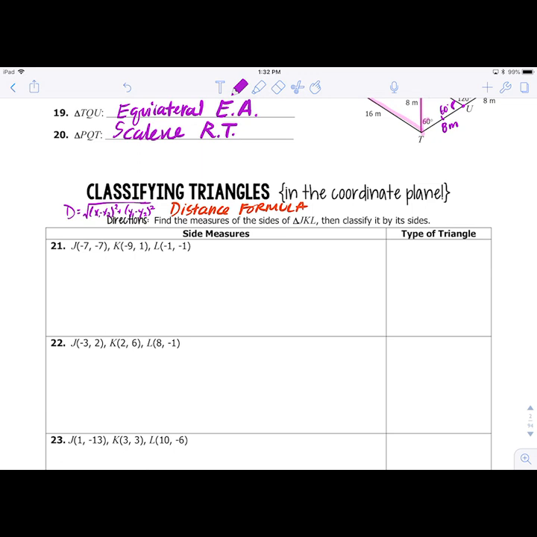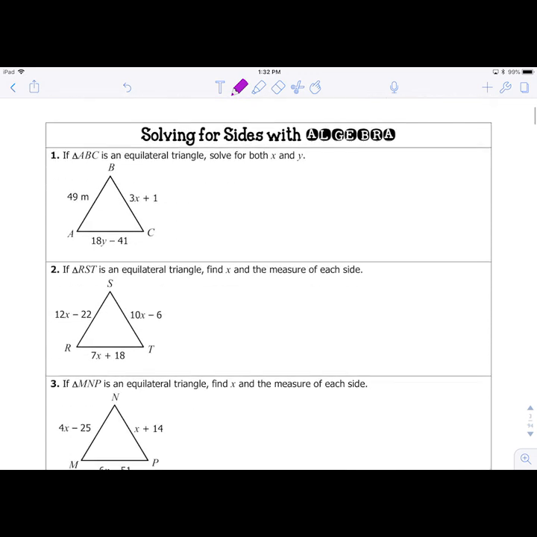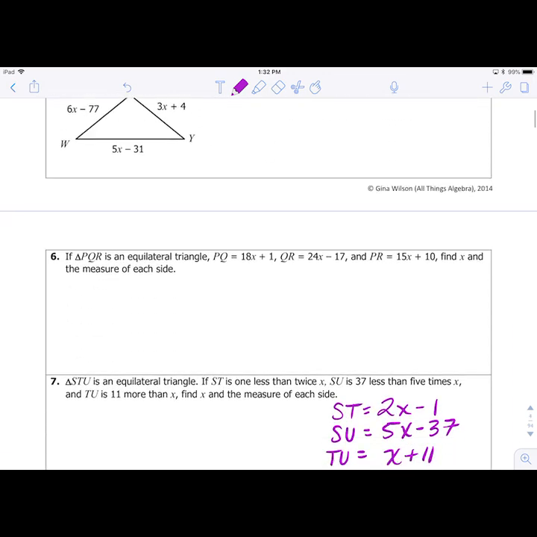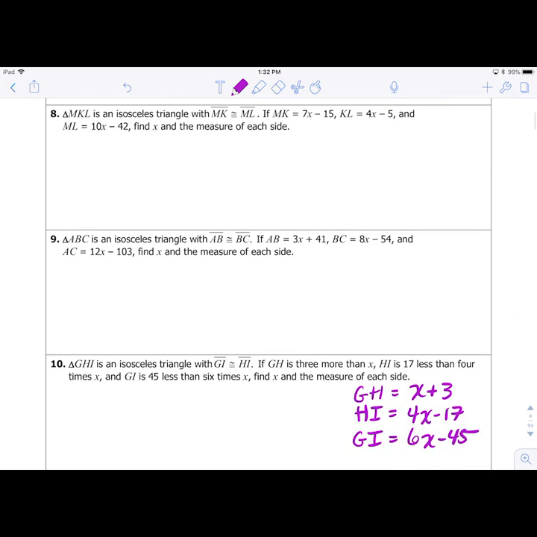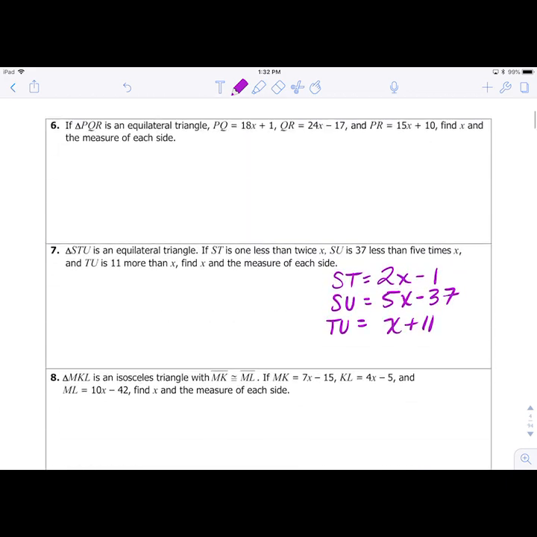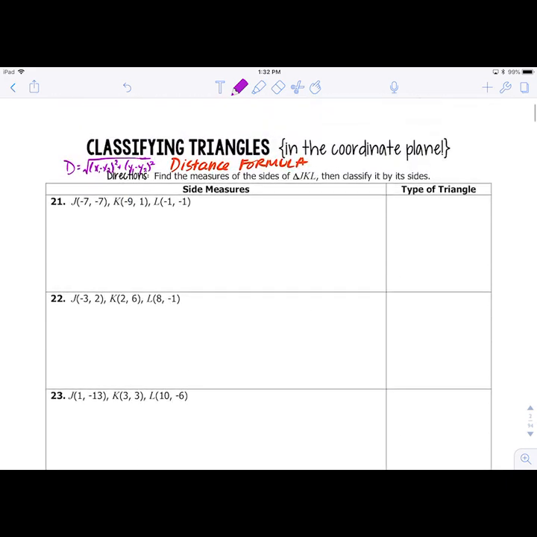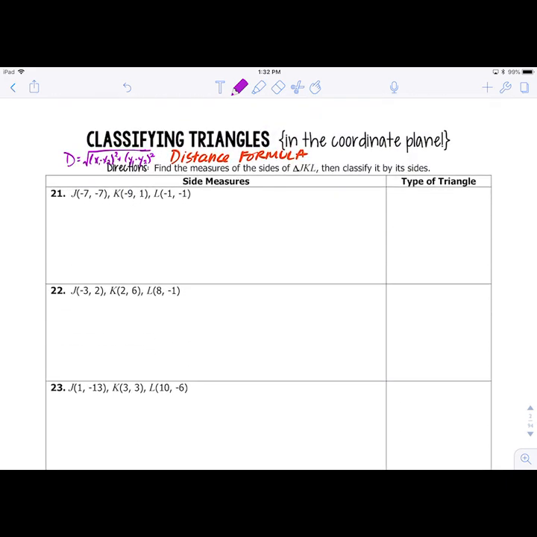The coordinate plane, you're going to be sick of it by the time you're done with this class, and especially the distance formula. So might as well get practice using it now and get good at it, while we still got time. All right. So don't let these problems scare you, okay?